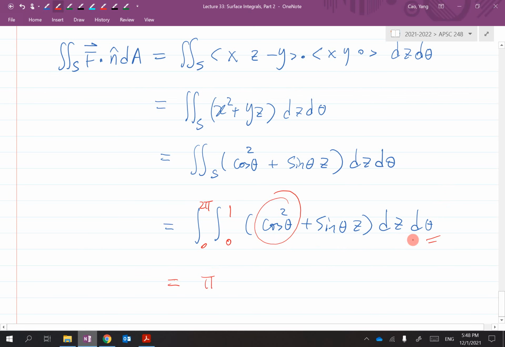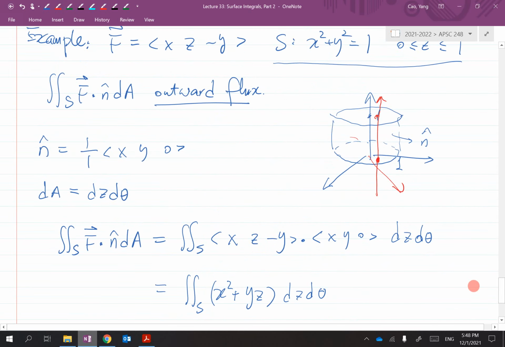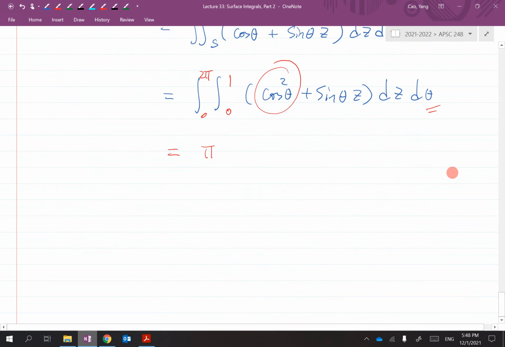So before we finish, let me ask a different question. Same question here, but sometimes it's a little bit tricky. You have to watch this carefully. Now, if I change this question, you have a surface, and the surface consists of this cylindrical surface, the current question, and then also includes the top and the bottom.